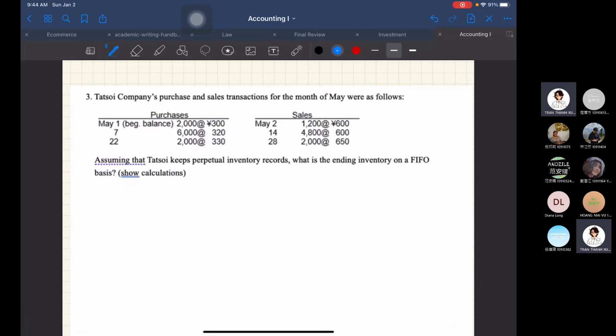Another question about what the inventory is. Okay.